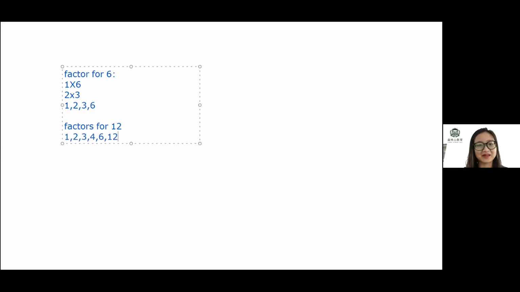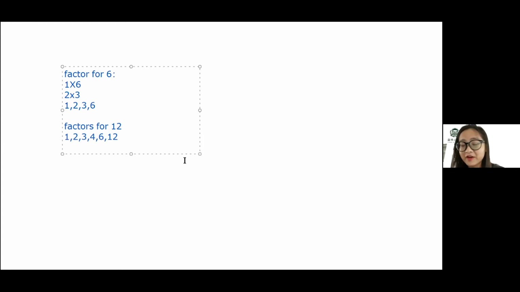Good job. Another topic is what common factors mean. What are common factors? Okay, Bowen, please. A factor that 2 numbers have that is the same. Very good.